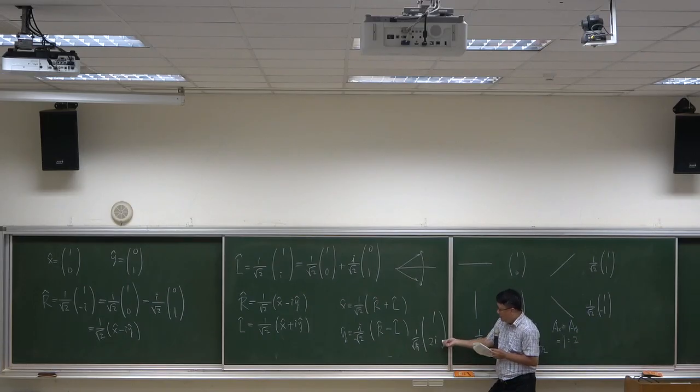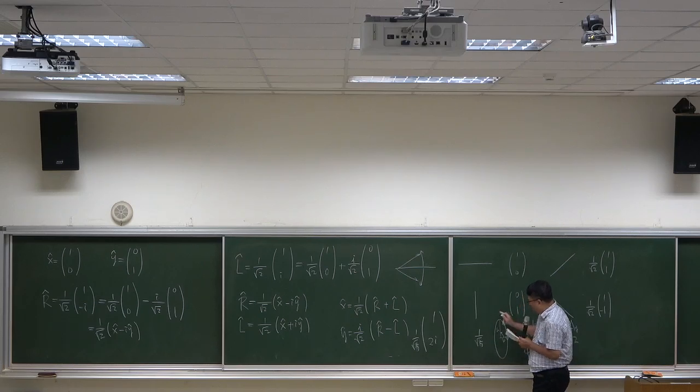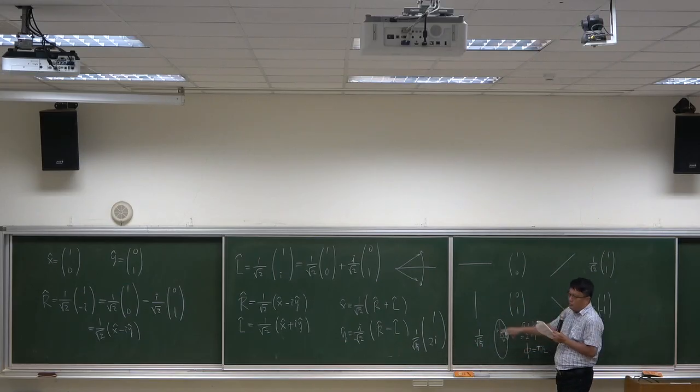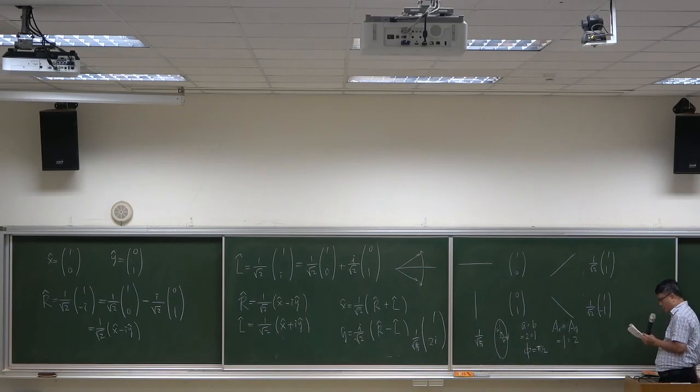Here, if I have minus I, then it revolves counterclockwise. Here we have positive I, which means it revolves clockwise. Okay?